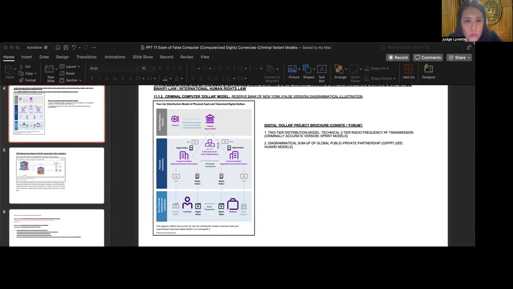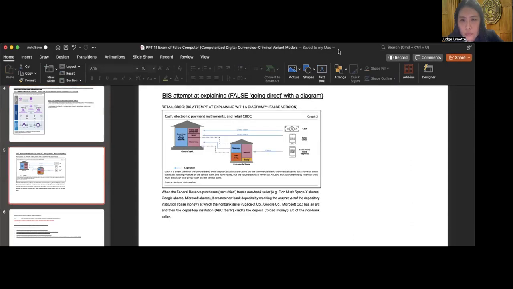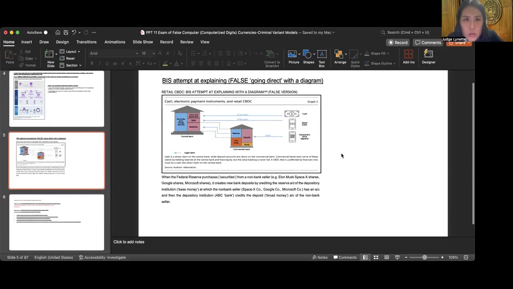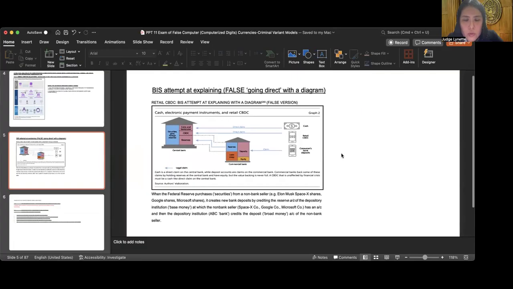So let me now explain with the diagram. This is what he was trying to say with the going direct diagram.